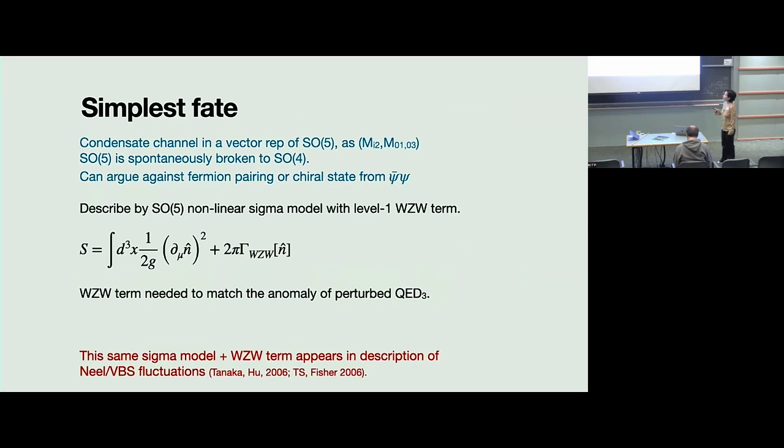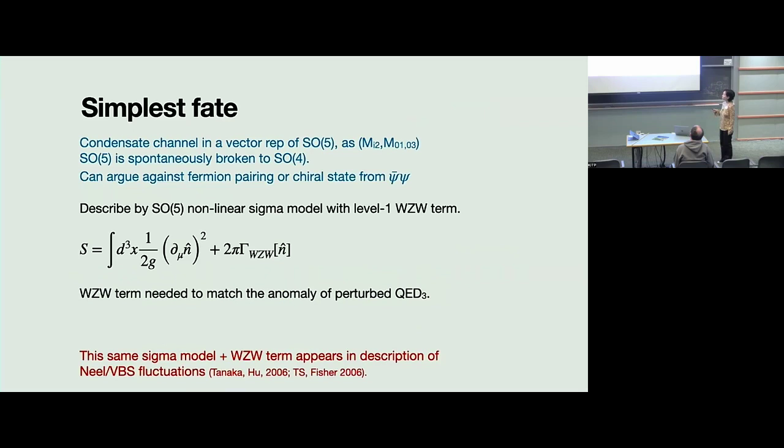In the paper, we also argue against symmetry breaking in, say, the fermion pairing channel, and favor that the symmetry breaking is in the fermion particle-hole channel, as exemplified by the five fermion bilinears transforming in the vector representation of SO(5).